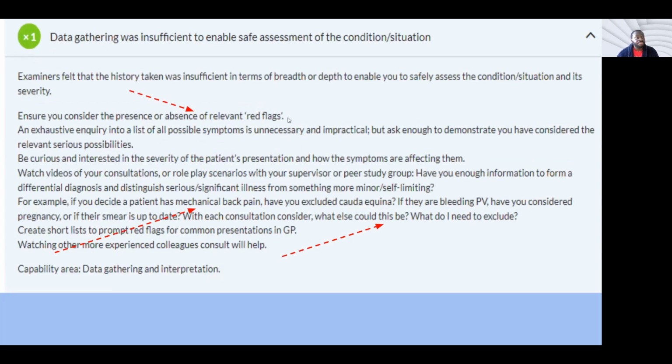Let's move ahead. Data gathering was insufficient to enable safe assessment of the condition or situation. Ensure you consider the presence or absence of relevant red flags. So in this SCA, because they want to avoid you telling most of the patients, I would like to bring you in to examine you, just to have a clearer idea of what exactly is going on.